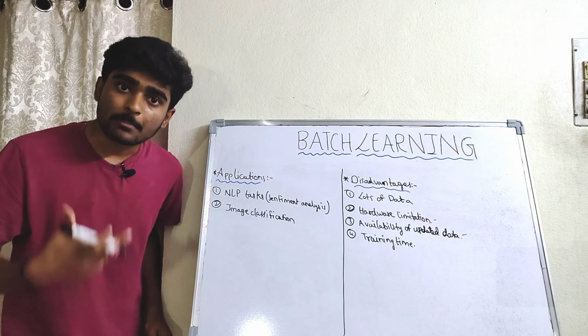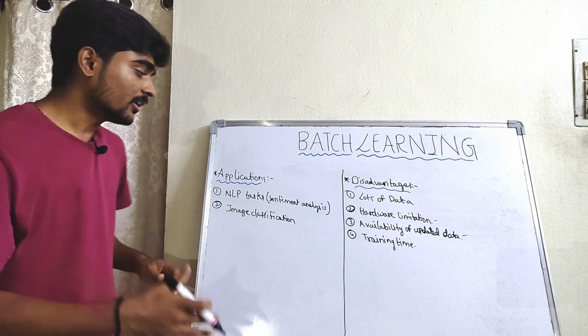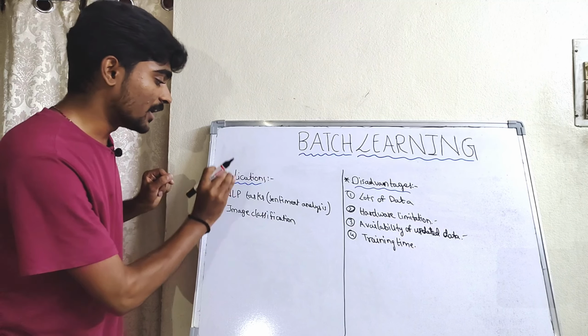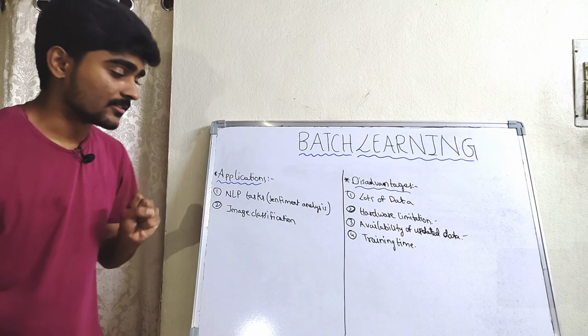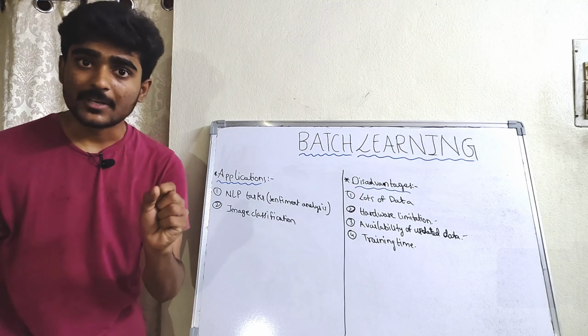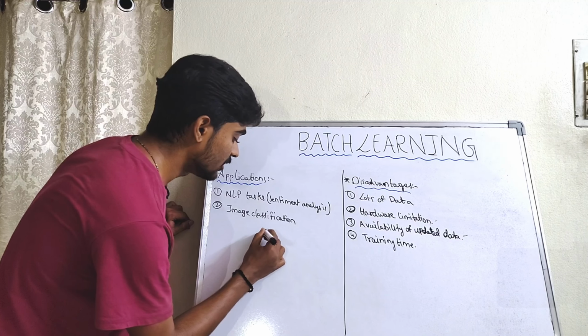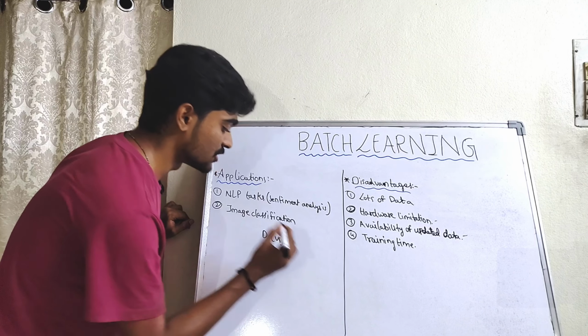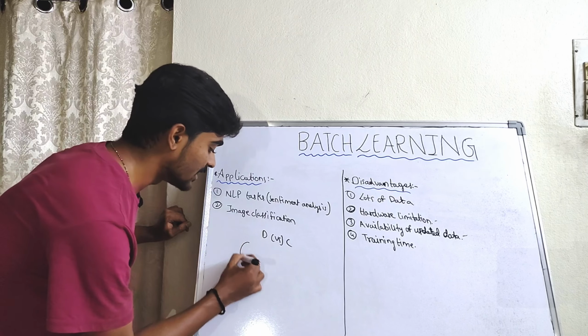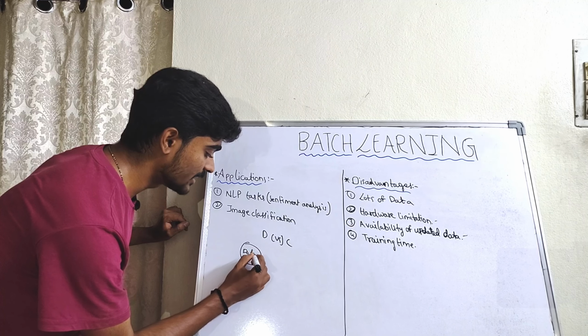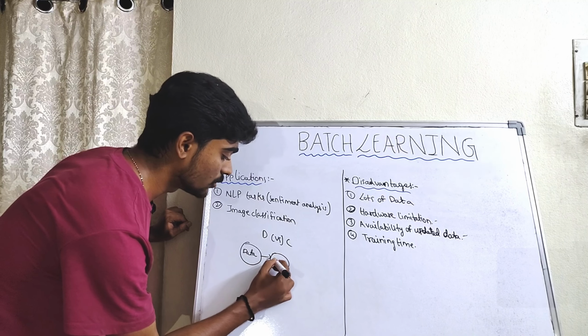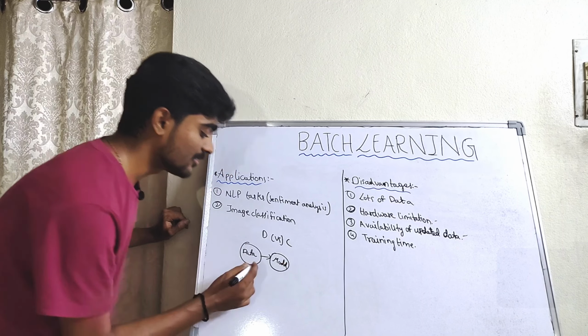Now let us see a few applications of batch learning. Among them, the first is a few NLP tasks like sentiment analysis, and the second is image classification. Now let us see with an example. Let's say we are building a dog versus cat classification model. For this I need a dataset which contains dog and cat images, and then I need to train a machine learning model on this dataset.